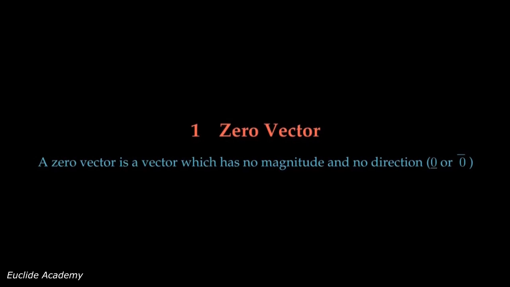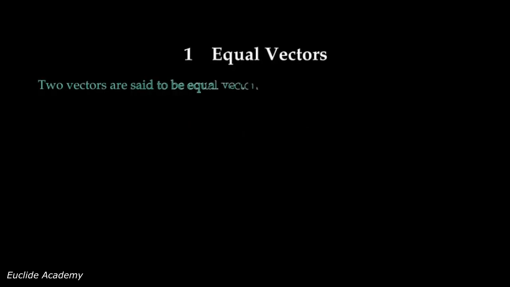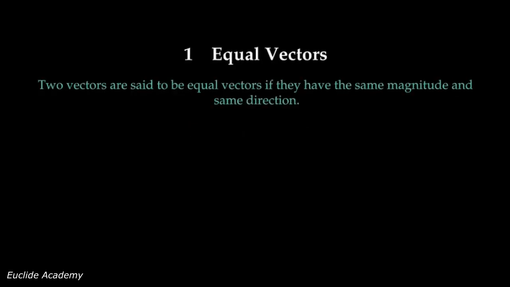The next type of vector we can look at is, we can't draw a zero vector, of course, so we have what we call equal vectors. Equal vectors are vectors which have the same magnitude and the same direction.